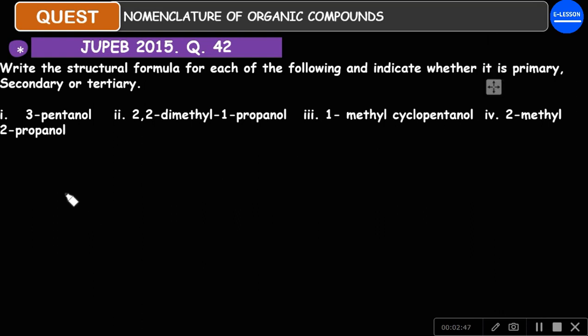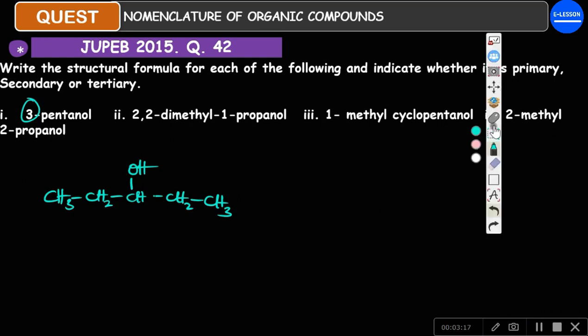Pentane is CH3, CH2, CH2, CH2, CH3, normally, right? 1, 2, 3, 4, 5. Now you are told 3-pentanol. It means at position number 3 there is the OH group. So I'm going to erase this here and then put one OH, right? Now this is the structure of 3-pentanol.